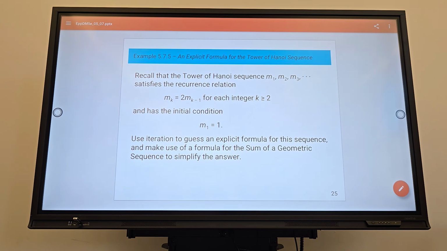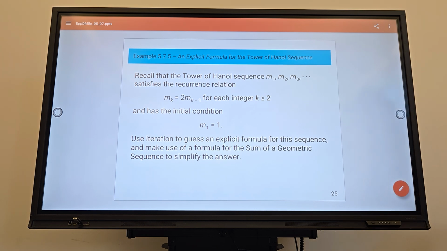For those that don't know, the Towers of Hanoi is a little game where you transfer disks from one point to another, and the number of moves it takes is determined by how many disks are being used.